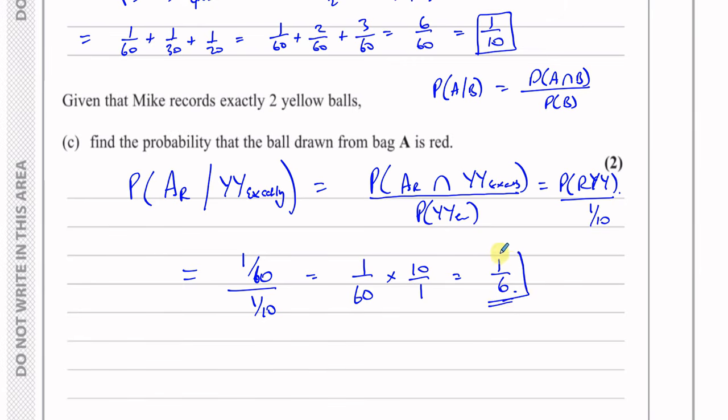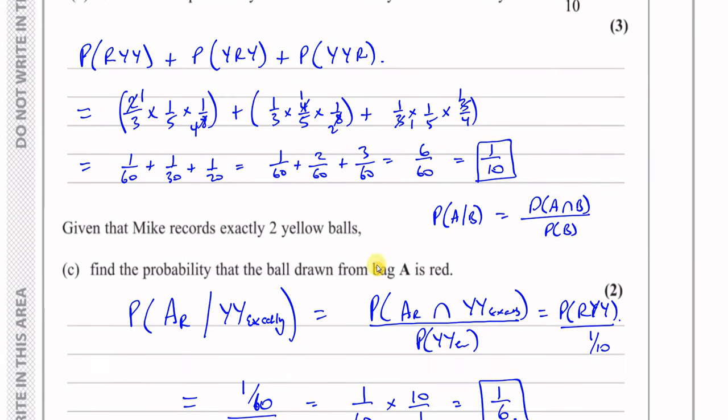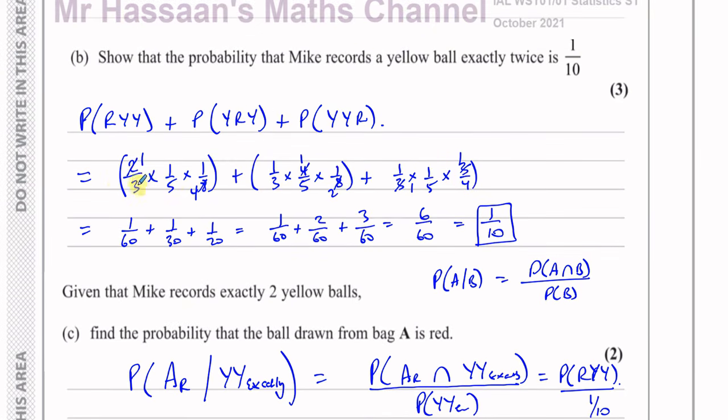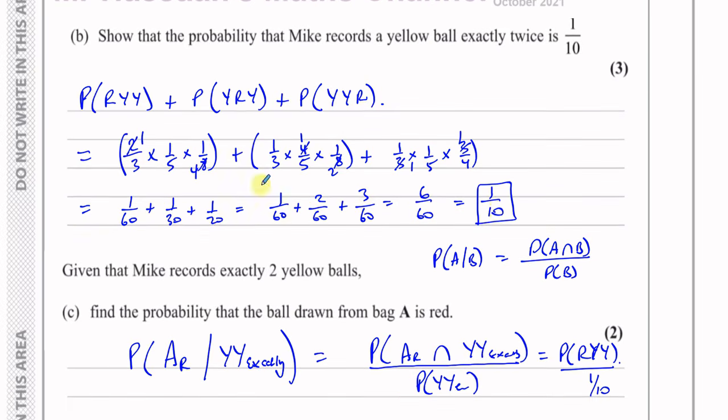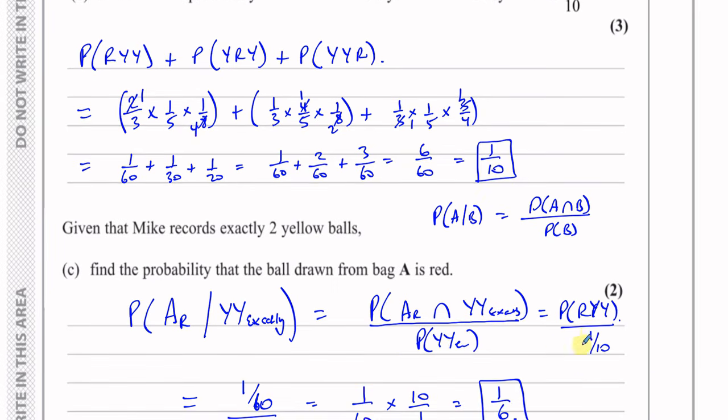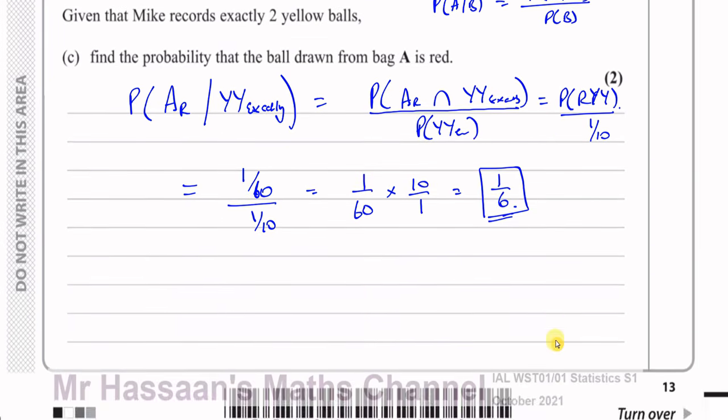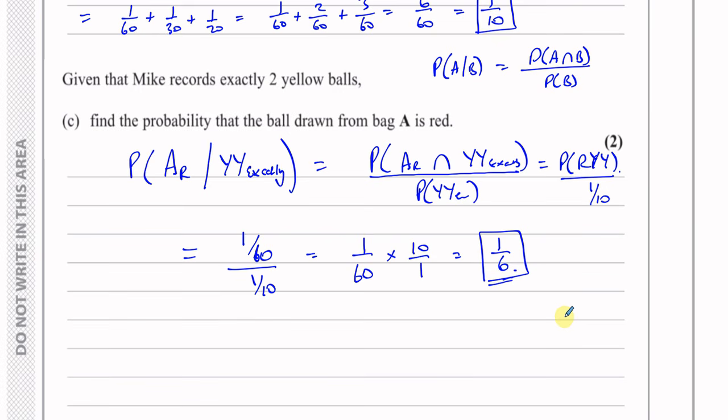There's the answer, simple as that. All the hard work was done where we found the probability of red and 2 yellows, divided by the probability of exactly 2 yellows, which we did earlier. It's 1/6.